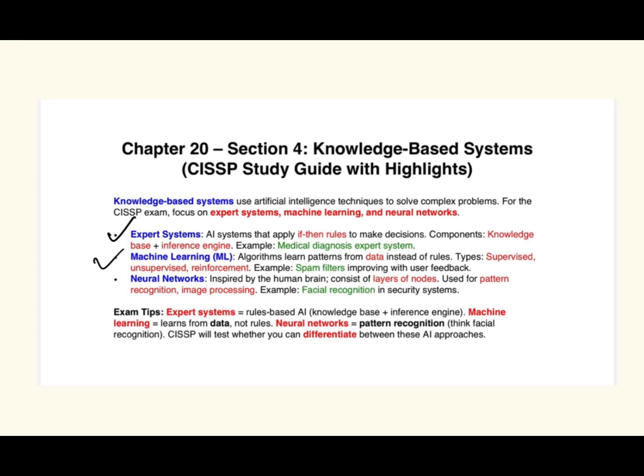That is something we can call reinforcement learning in ChatGPT, so that could be a good example. Reinforcement learning learns via reward and feedback. Supervised learning uses labeled data; unsupervised learning finds patterns without labels.